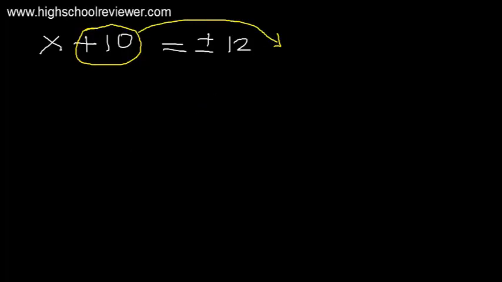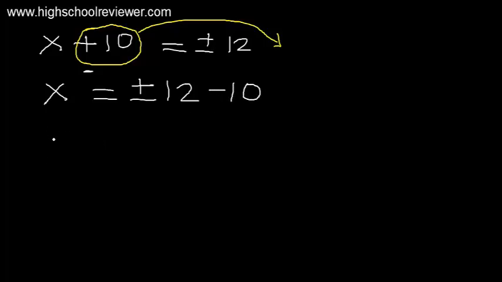When we transpose positive 10, what will be left on the left side will only be positive x. And we will have here plus minus 12. If we transpose positive 10, this will change sign. This will become negative 10.